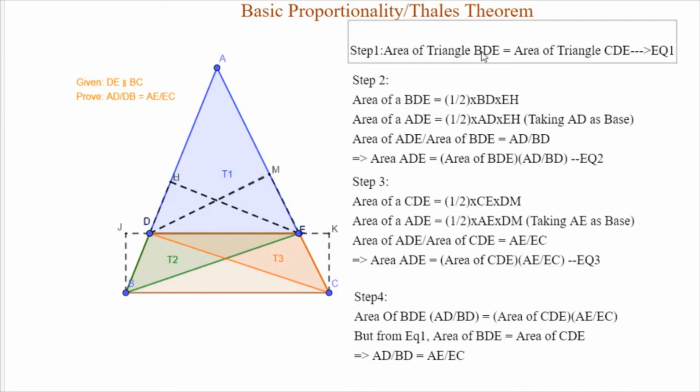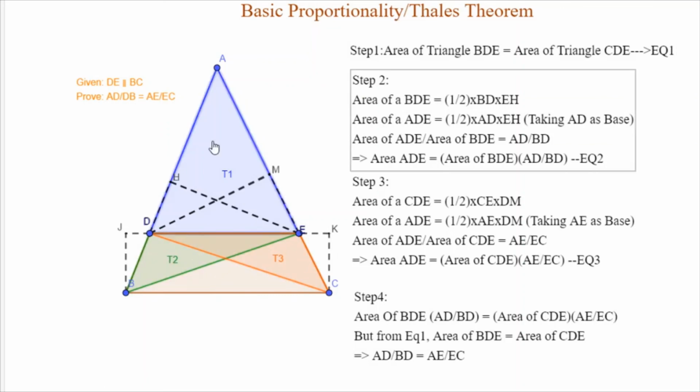So to summarize, in the first step we have proved that the areas of these two triangles, T2 and T3, are the same. In the second step, the ratio of areas of triangles T1 and T2 is nothing but the ratio of their bases, which are AD to BD. Why? Because both are sharing the same height.